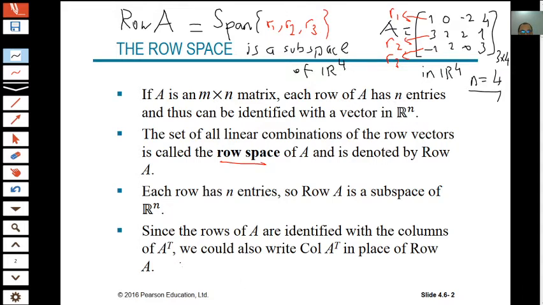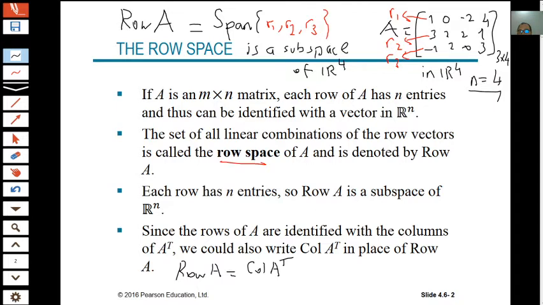In other words, the row space of a matrix also can be considered as the column space of the transpose of the matrix A. If you remember, the transpose of a matrix has columns which are the rows of the matrix A. The rows of this matrix become columns of the transpose of the matrix A.